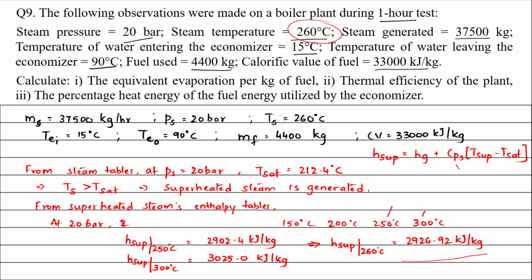CPW is 4.187 into the temperature of the water at the economizer inlet, which is given as 15 degrees Celsius. So 15 minus 0, I obtain 62.805 kilojoule per kilogram. This is my enthalpy of feed water at the economizer inlet.